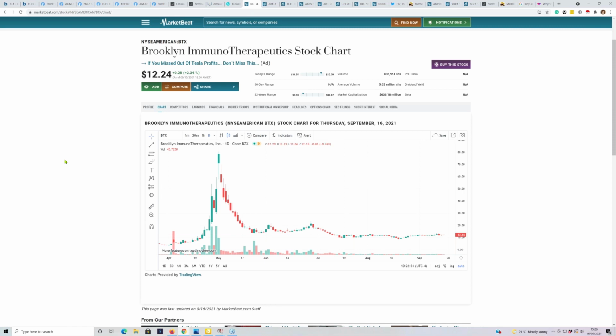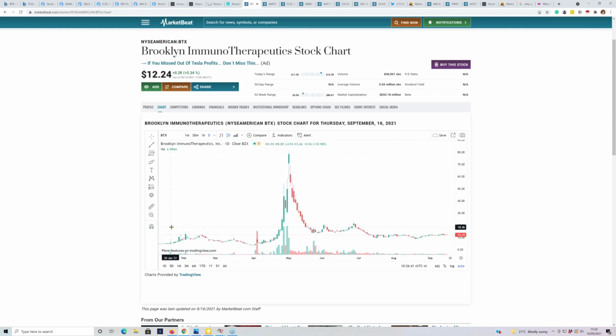This is what we've called one of our fallen angels. As we can see here, we had a really nice pump and dump. Here we have a long period of accumulation, this huge pump and dump, then the crash lower, and we're back in accumulation.